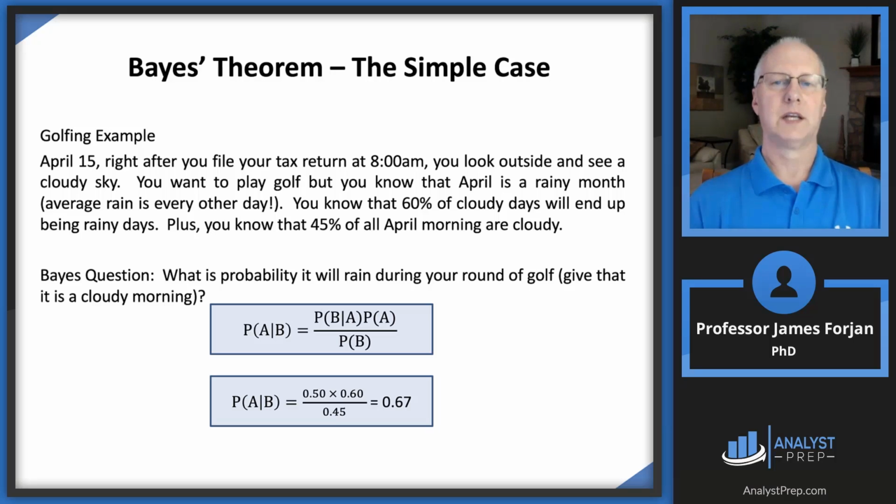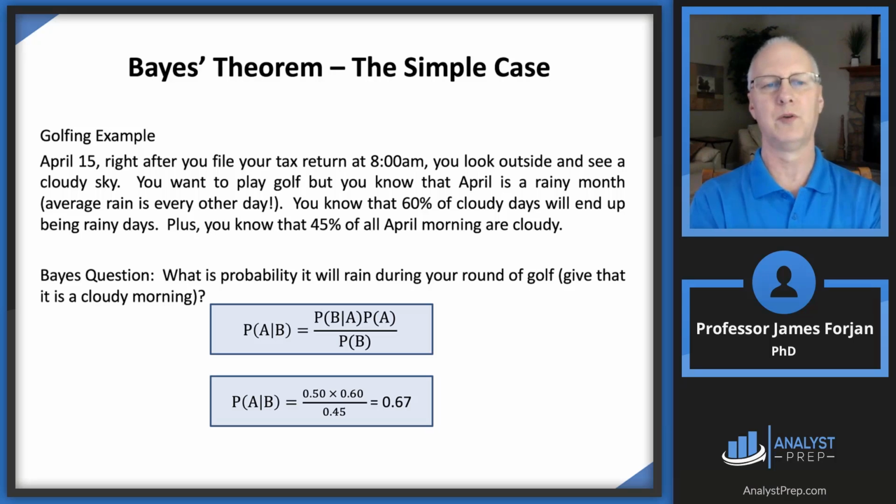You guys know I like to give sports analogies and sports examples, and given the fact that I still have not started my tax return in the however many days it is before April 15th. Let's suppose it's April 15th. You file your tax return at 8 o'clock, and you're rewarding yourself by going out to play golf. And so you look outside and you see a cloudy sky. You want to play golf today, but you know that April is a rainy month wherever you live.